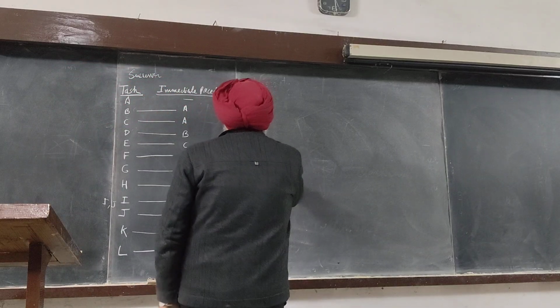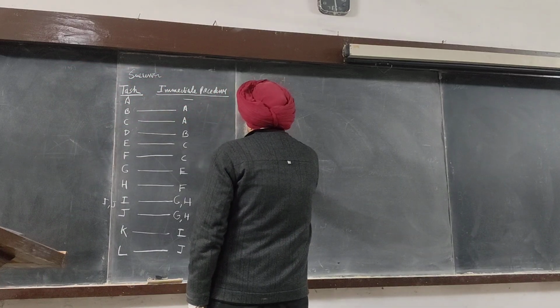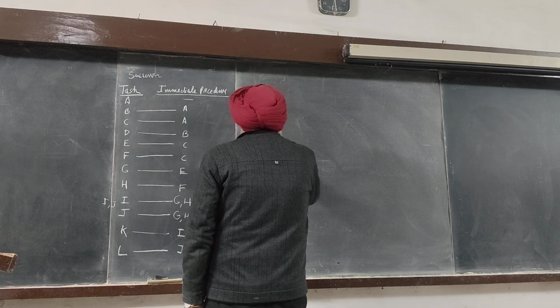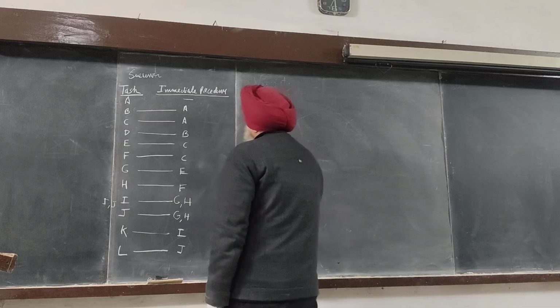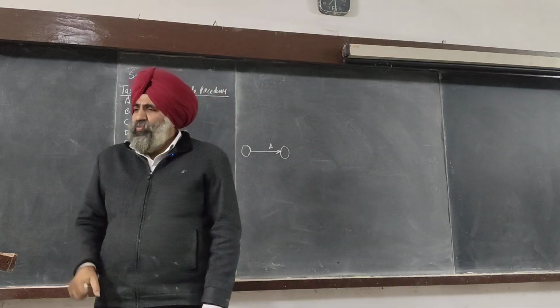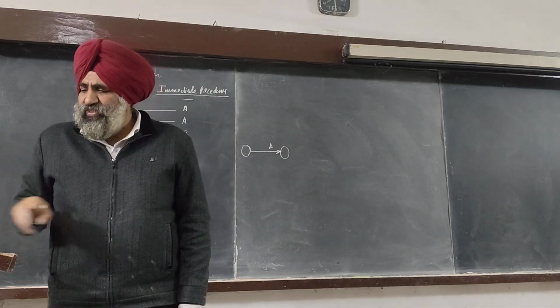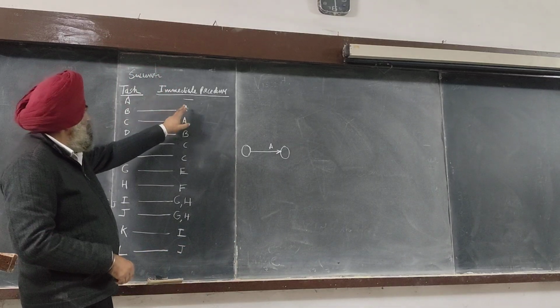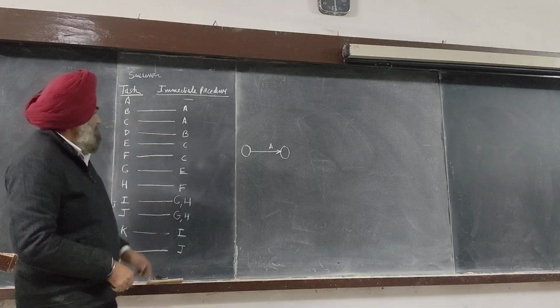Here, if you look, this is activity A. This is given to us. There is no predecessor activity prior to A. Clear?